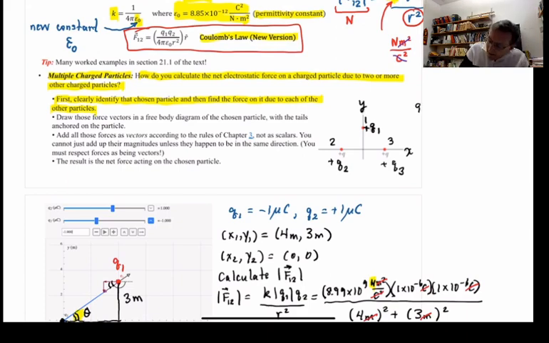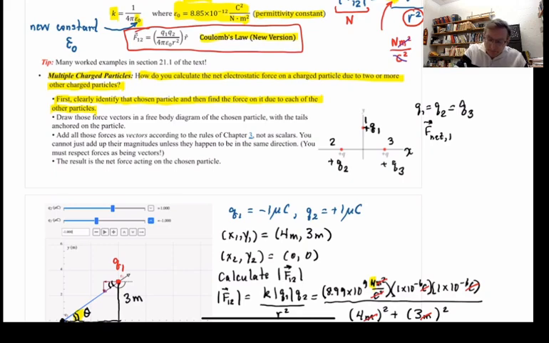Q1 equals Q2 equals Q3. And that what we want to find is the net electrostatic force on 1. Let's just sketch it in the drawing. Okay? All right, let me get rid of that Y there.